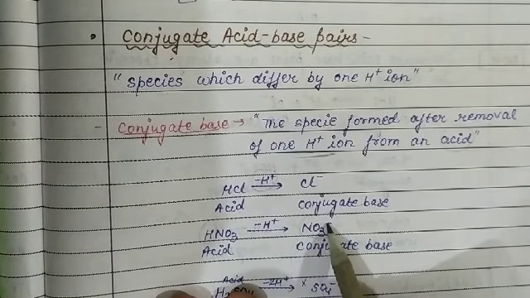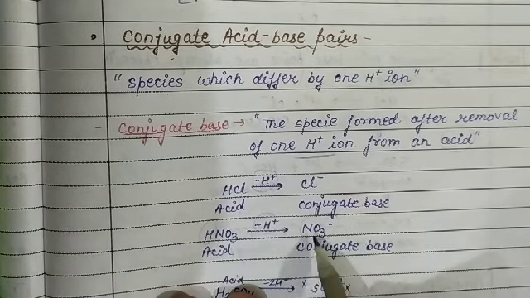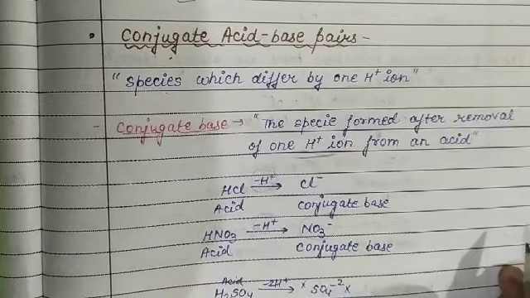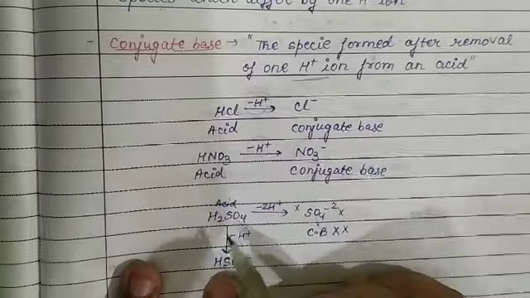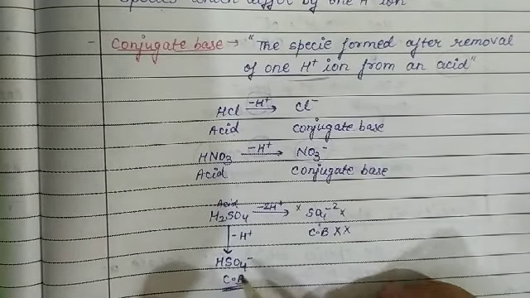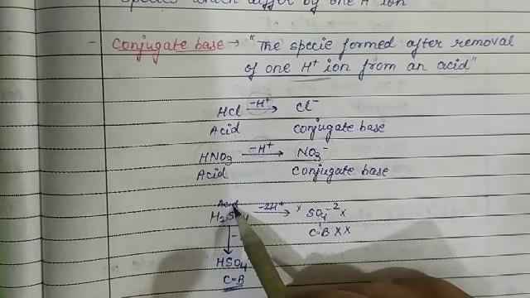Therefore NO3 minus is the conjugate base of HNO3. See, H2SO4, when losing one H plus, it forms HSO4 minus. So HSO4 minus is the conjugate base of this acid.